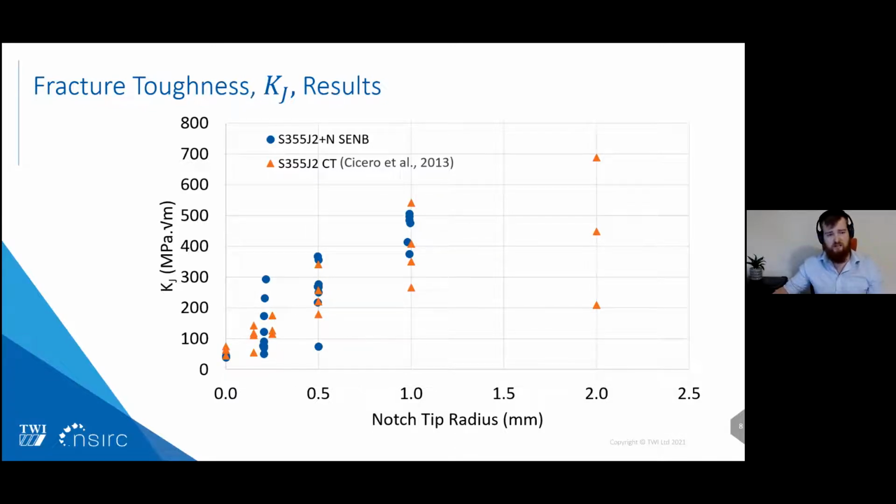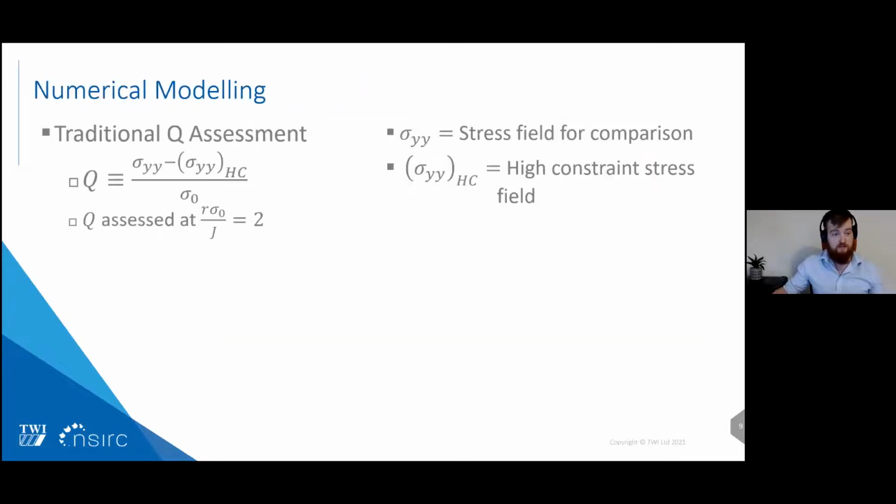We see a good trend at the higher levels of notch tip radii, and maybe we have slightly more scatter at the 0.2 and the 0.5 mm than they have here.